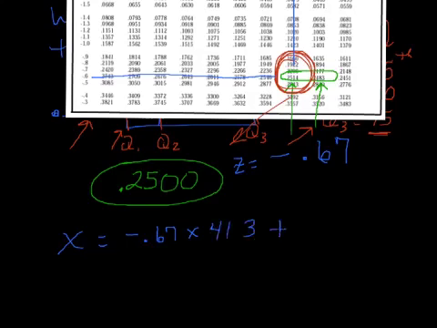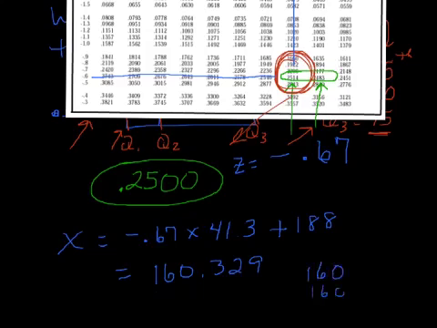And then plus the mean, which is 188. So all that equals 160.329. We don't really need all those decimal places. You can round to the nearest cholesterol level of 160 or 160.3. It just depends on what instructions you're given. So that's your cholesterol level that goes with the first quartile, which we know means the 25th percentile.